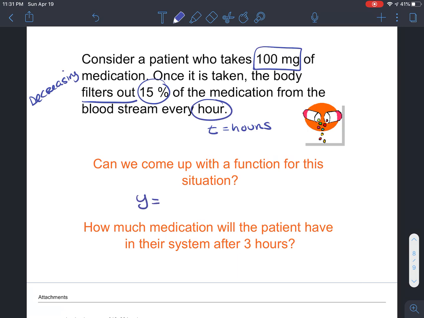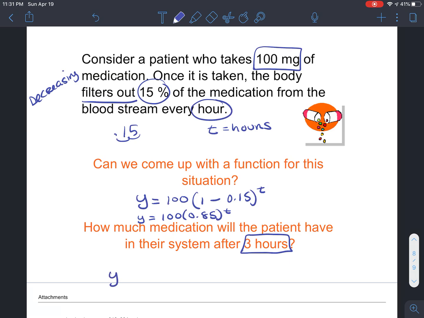So what's my function? Well, y is equal to my initial amount times 1 minus 0.15 to the t in hours. This simplifies to 100 times 0.85 to the t. How much medication will the patient have in their system after 3 hours?